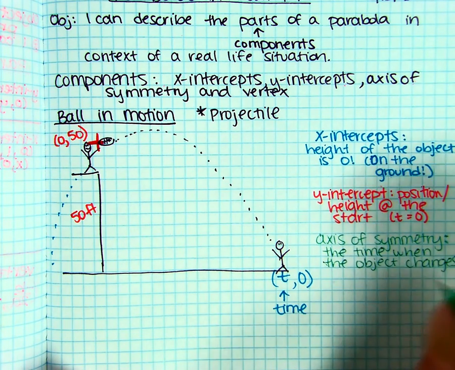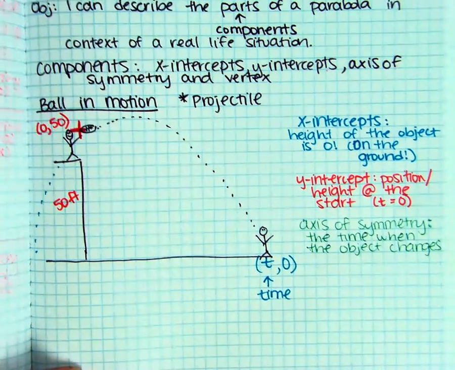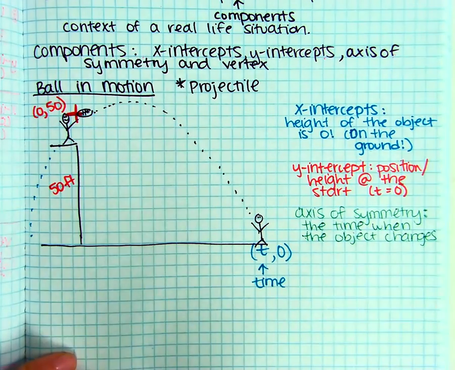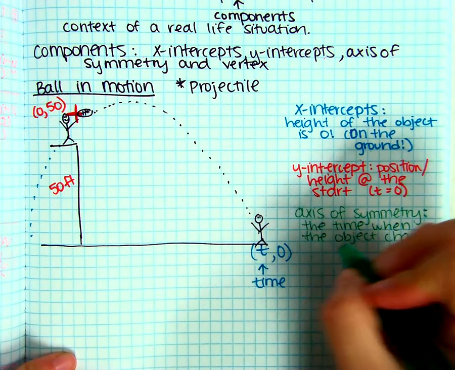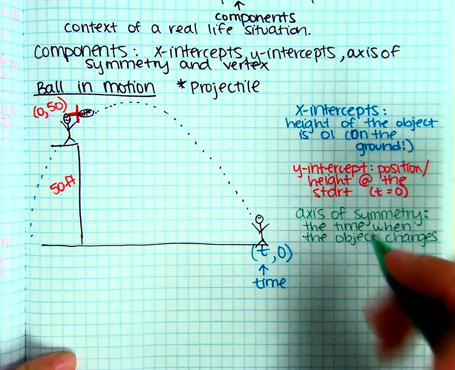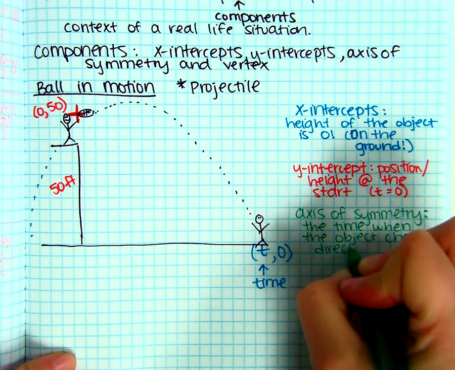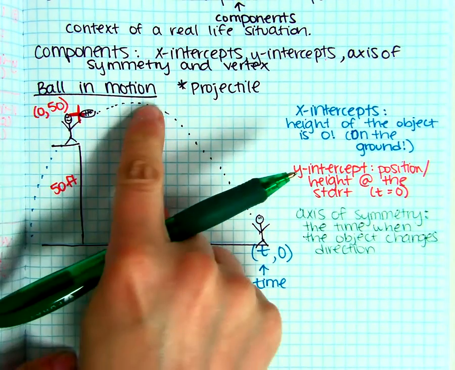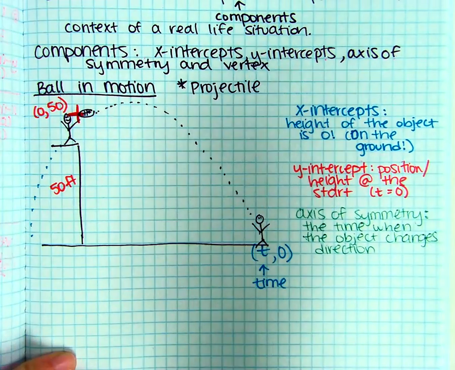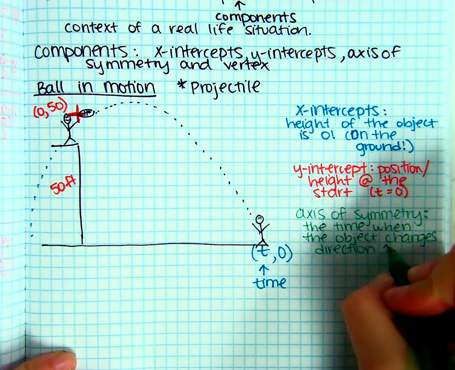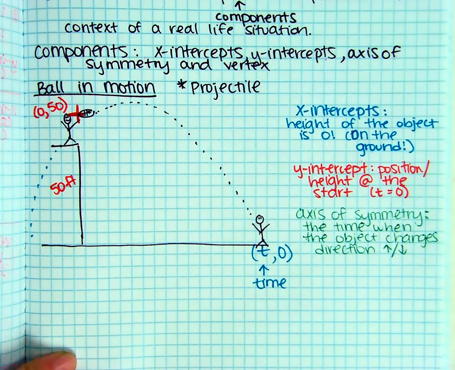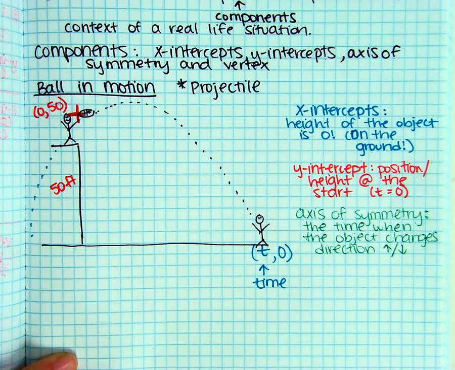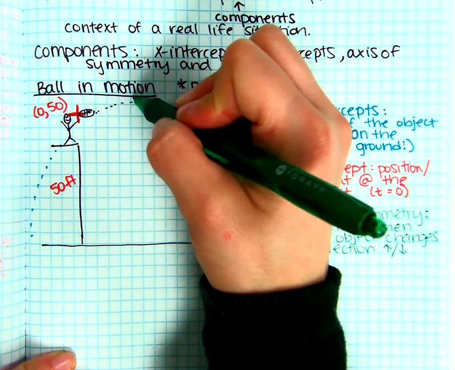And what I mean by that is changes from increasing to decreasing or vice versa. So it's going up and then it's going down. Not that the ball is going to be thrown this way and then back towards him. It's changing direction of going up versus down. It could change the other way, all right? But it's the time when that happens, okay?